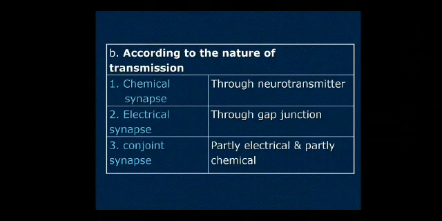So there will be freely movable ions, so it has direct connection with the other nerve cell. So that is about the electrical synapse. Conjoint means it is partly electrical and partly chemical. Out of this, in the central nervous system, most of them are chemical synapses. That means there will be release of a neurotransmitter, a chemical, so that brings about the transmission.